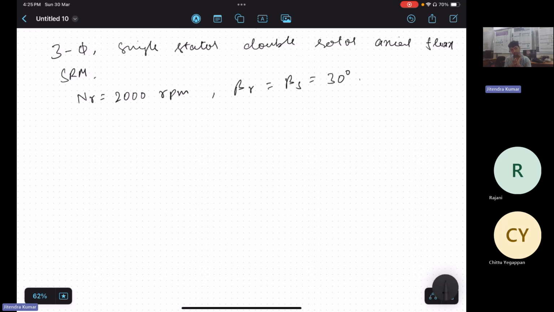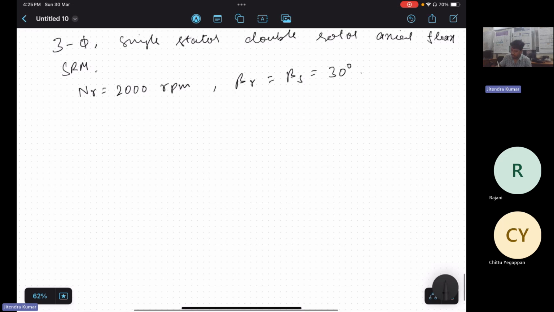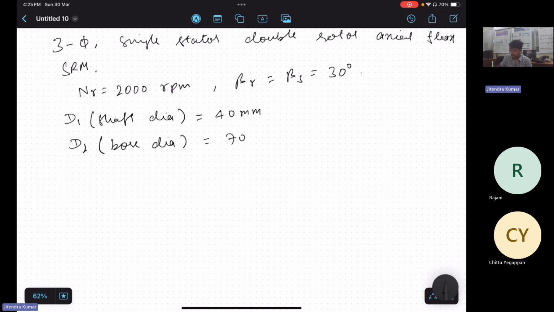Shaft diameter is D1, given as 40 mm. D2, which is the stator bore diameter, is 70 mm.